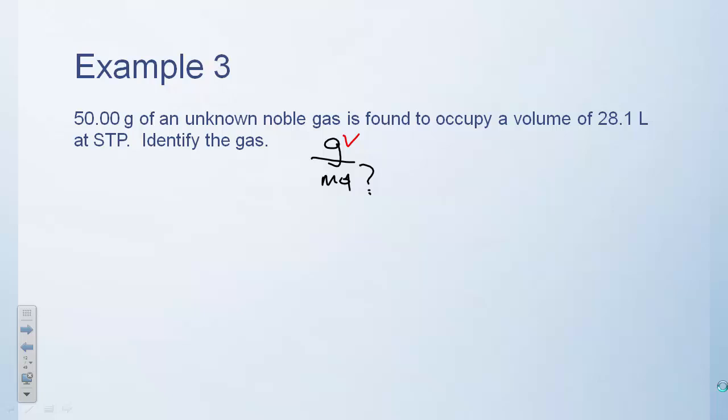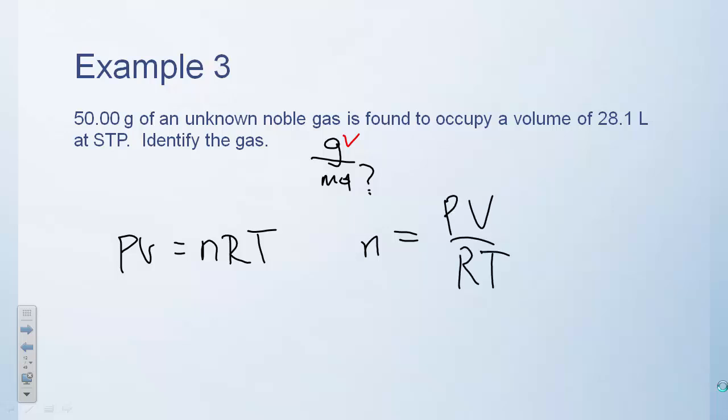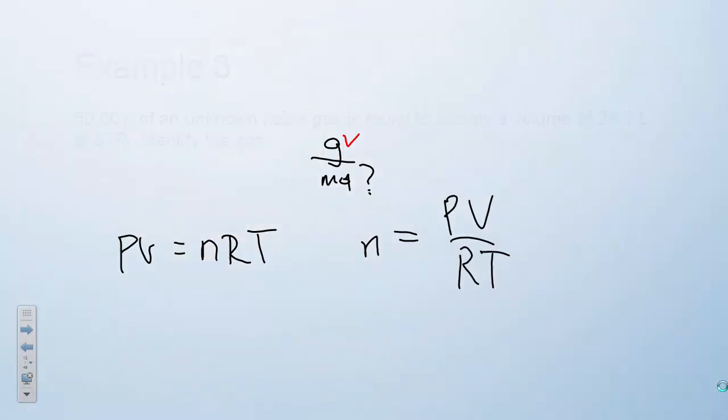And so once again, here we go, application of the ideal gas law. PV is equal to nRT, or n is equal to PV over RT, and we simply go from there. Alright, so n is equal to, what's my pressure?